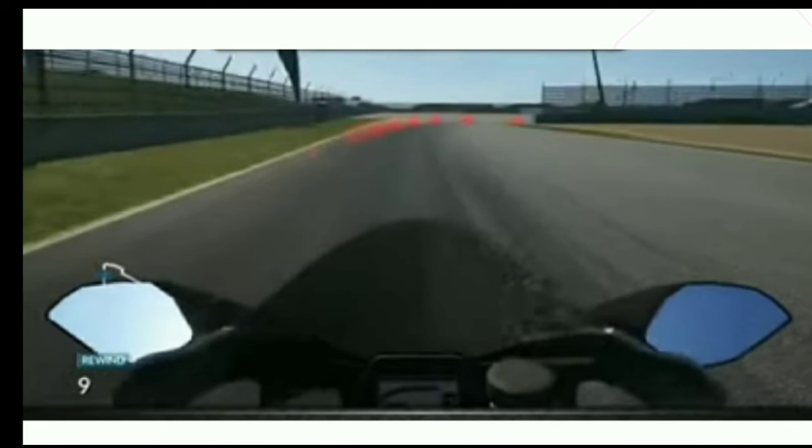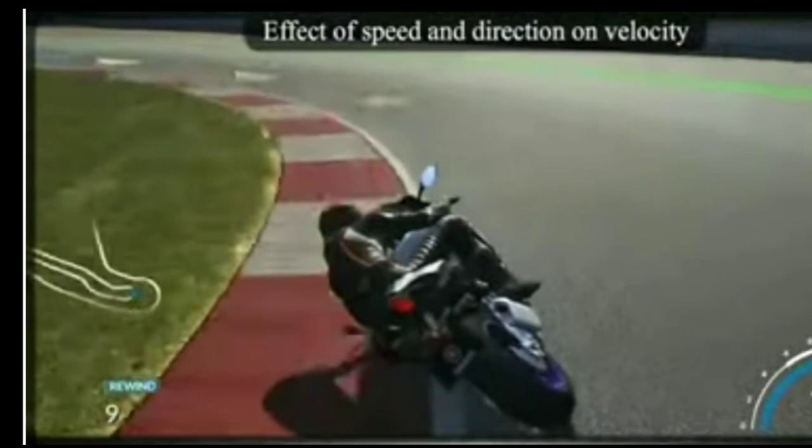Now look at the first picture. What will be the effect on the velocity of a motorcycle if its speed increases or decreases, but its direction remains unchanged? In case of a turning on the road, will the velocity and speed be the same?